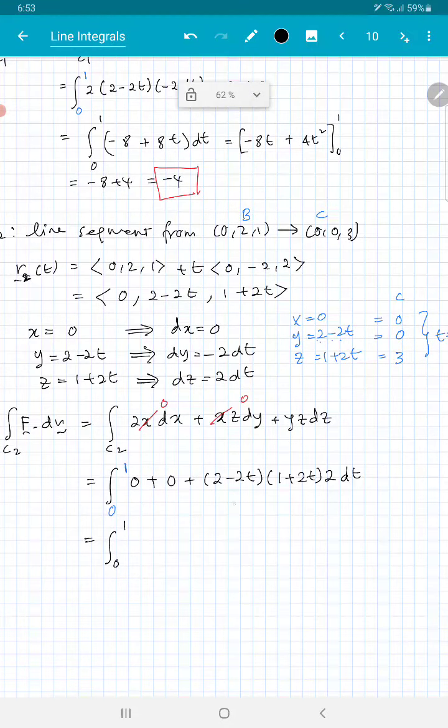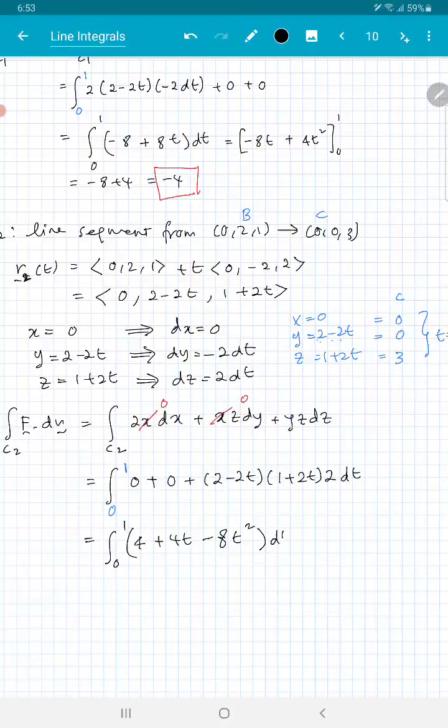Alright, so here we have 2 times 2, which is 4. Expand that. So here we have 4t minus 2t, which is 2t, and then times 2, which is 4t. And here we have minus 4t squared times 2, we have minus 8t squared. And integrate that with respect to t.